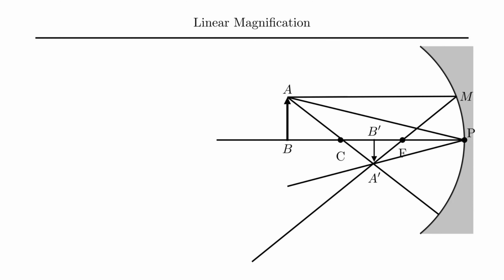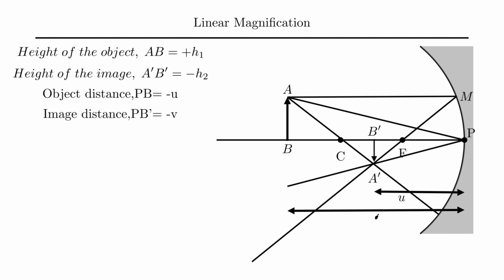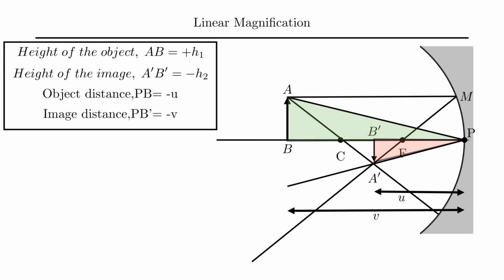According to the sign conventions, the height of the object AB equals positive h1, while the height of the image A'B' equals minus h2, since the image is formed below the principal axis. The object distance equals minus u, since it lies left of the pole, and the image distance equals minus v for the same reason. Since triangles ABP and A'B'P are similar, the ratios of their corresponding sides are proportional.